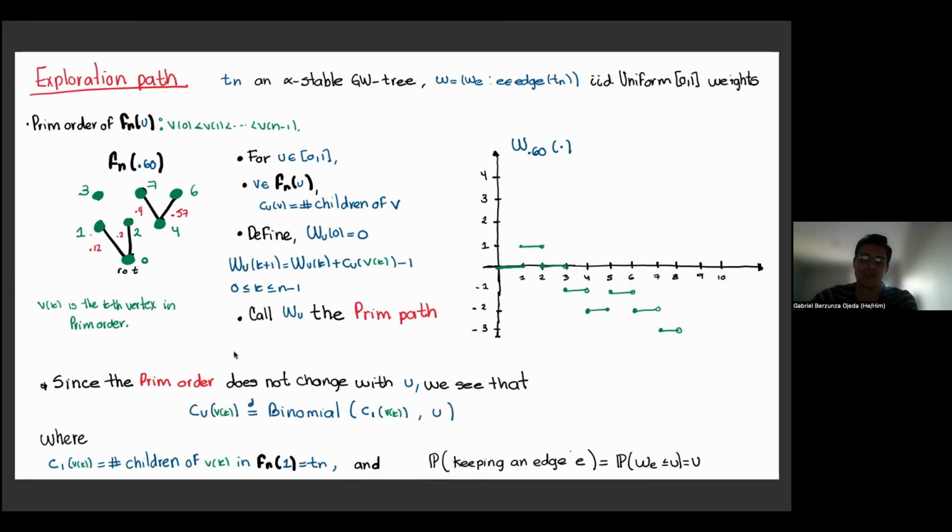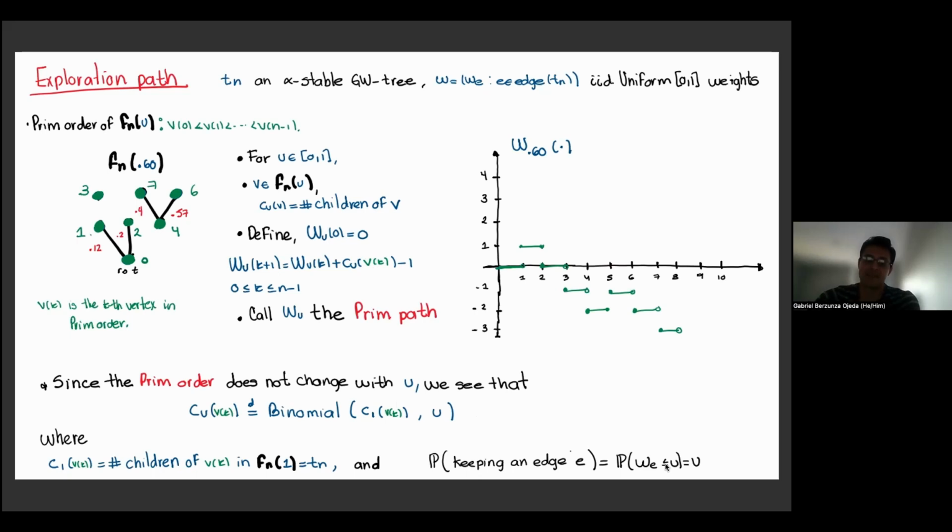Essentially, the step is given by the number of children of the k-th vertex in the prime order at time U. This is just a binomial random variable with parameter n given by the number of children in the original tree without removing any edge, and probability p equal to U, which is the probability of keeping the edge connecting to your child, because the probability of keeping an edge is the probability that the weight is less than or equal to U.